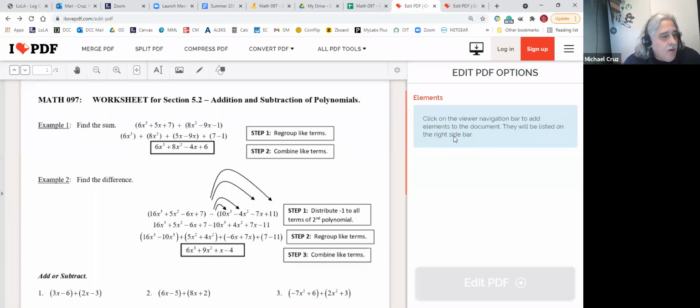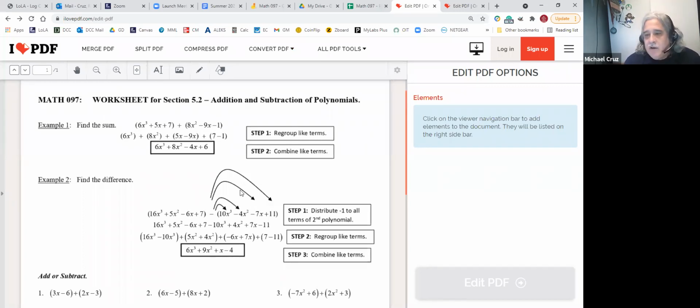All we're going to do when we sum is take the first thing, the 6x cubed plus 5x plus 7, and add to it the 8x squared minus 9x minus 1. If I were writing this out, I would just drop those parentheses and say collect like terms. But they're showing you how to match them up, which is important.